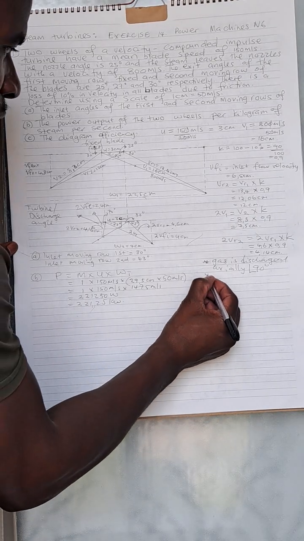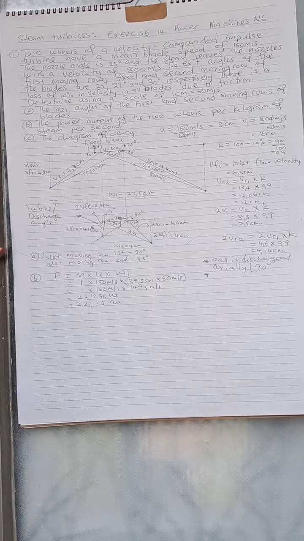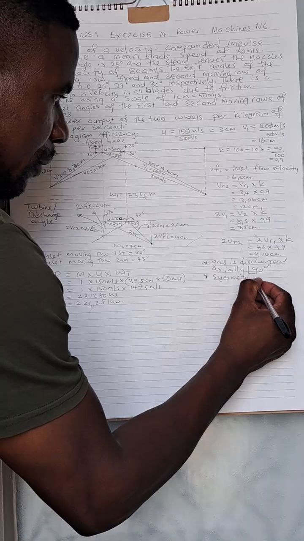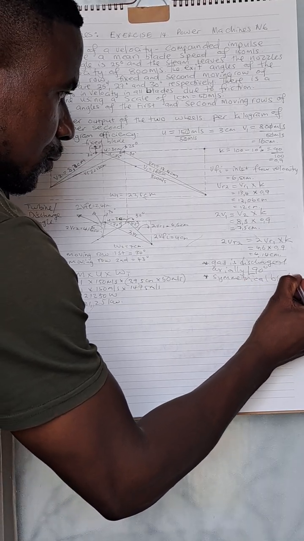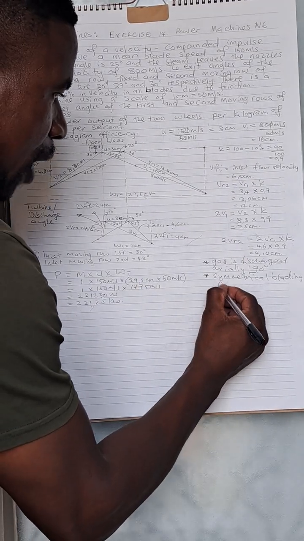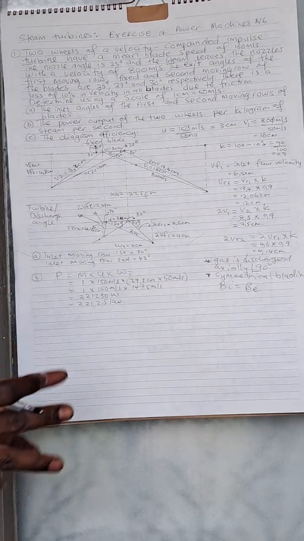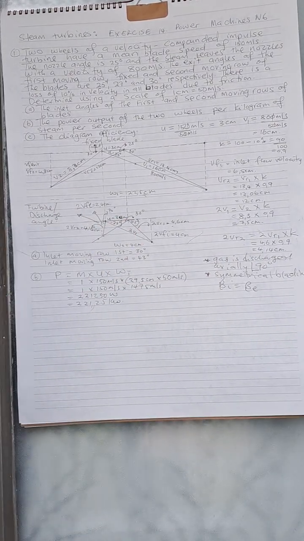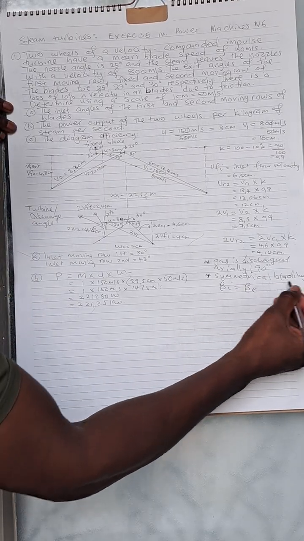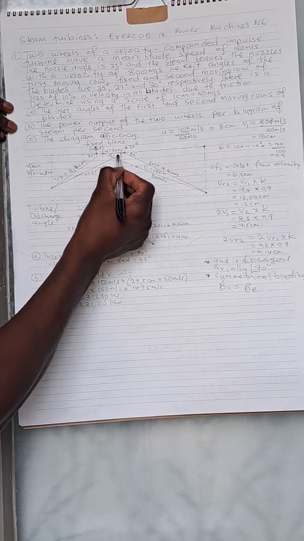The second important aspect which we must remember is when they say the blading is symmetrical. Symmetrical blading simply means that our beta inlet equals our beta exit. In some cases, they can say there is symmetrical blading on both stages. When we say the blading is symmetrical, we are simply saying this angle and this angle are identical.